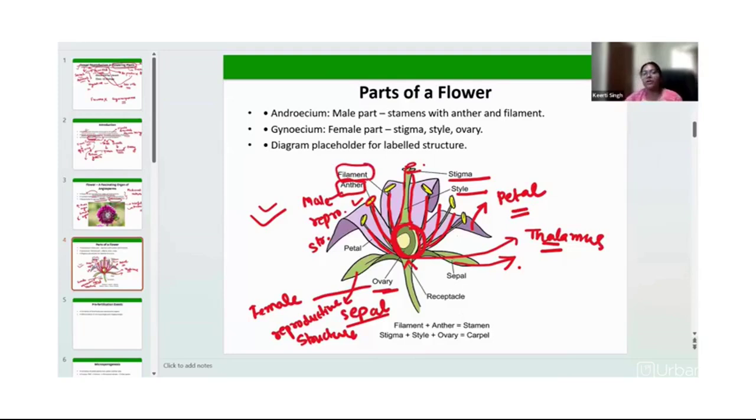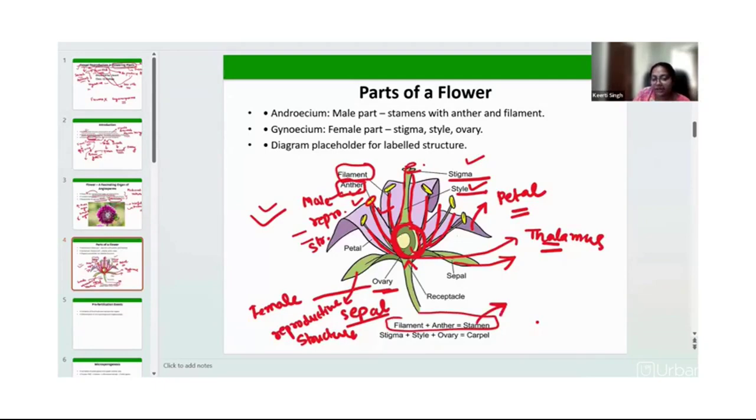So you have to remember that this ovary consists of what? Stigma, style, and ovary, that is the female reproductive part, and the male reproductive structure will consist of anther and filament. See, this anther and filament is known as what? Stamen.